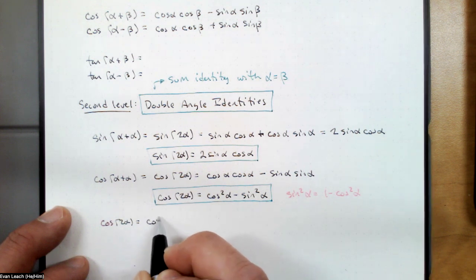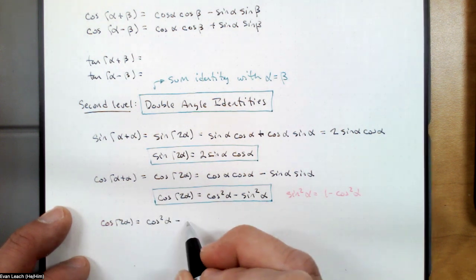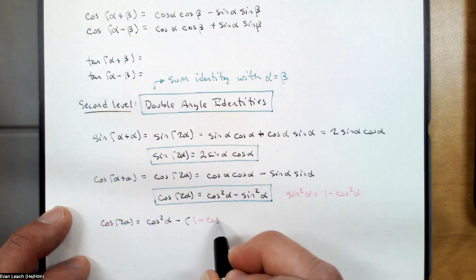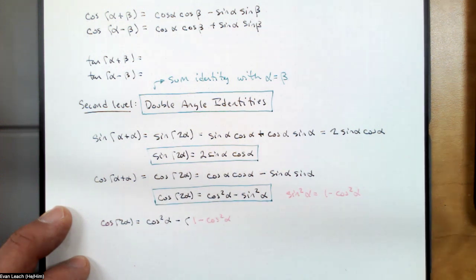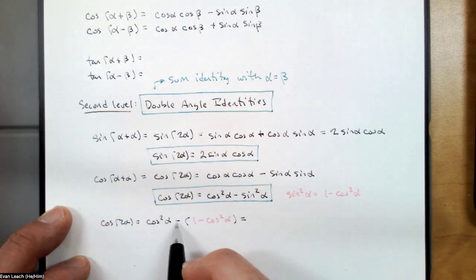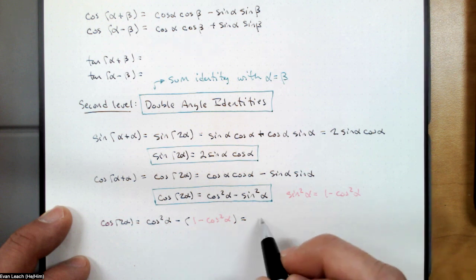is also cosine squared alpha minus 1 minus cosine squared. So I have cosine squared minus 1 plus cosine squared.